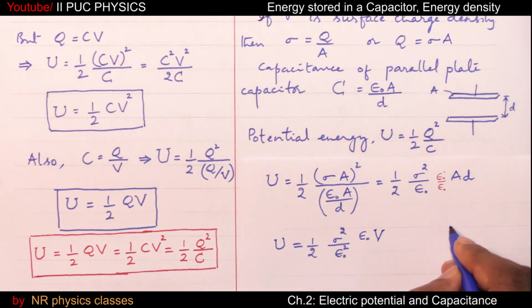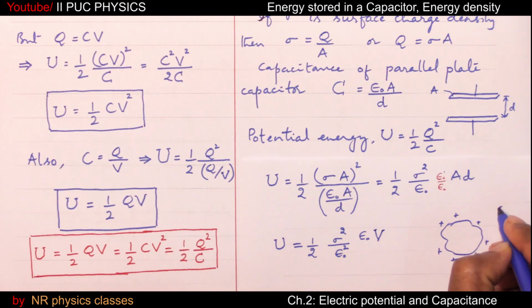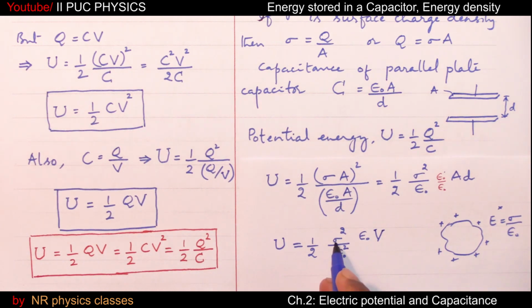So this is the expression for potential energy. We also know that the electric field at a point due to a charged conductor is sigma by epsilon naught. Here we have sigma square by epsilon naught square.